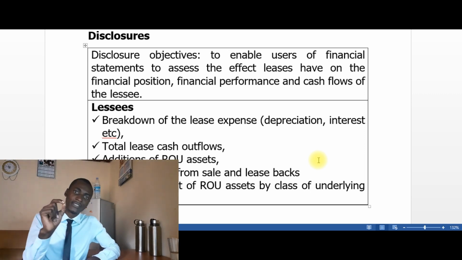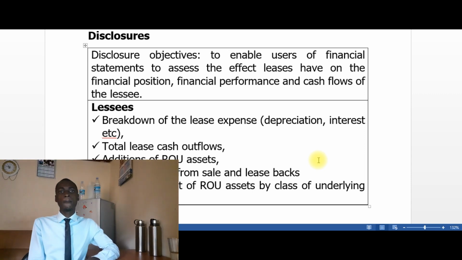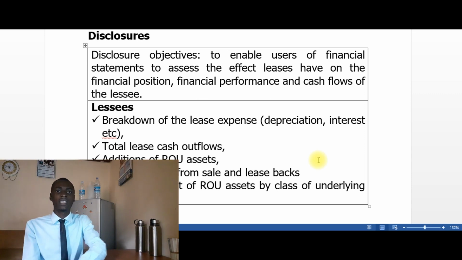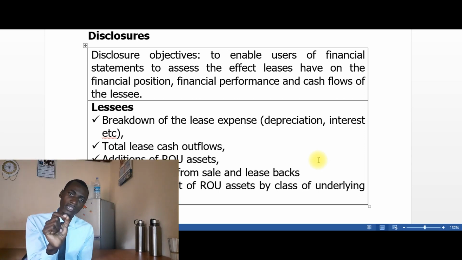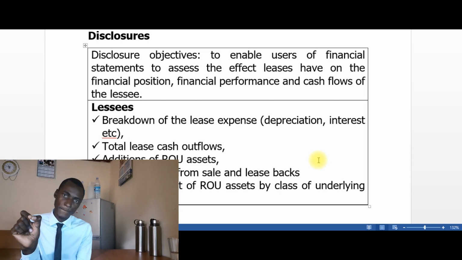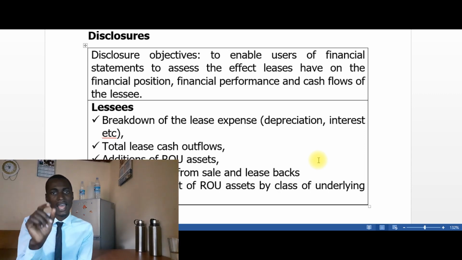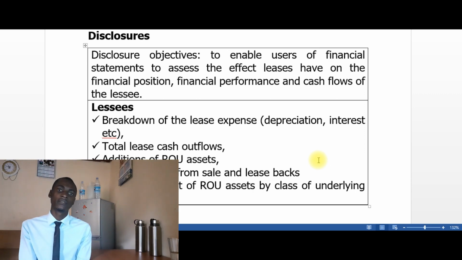You have to present the cash payments for the principal portion of the lease liability within financing activities. Remember, the lessee is required to make payments at the end of each financial year. Part of the payment is for the principal portion of the lease liability, and the other portion is for the interest expense.